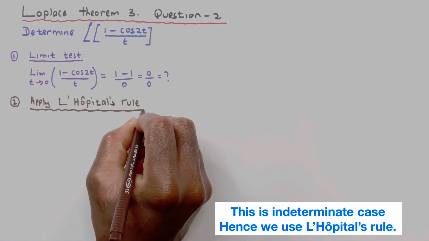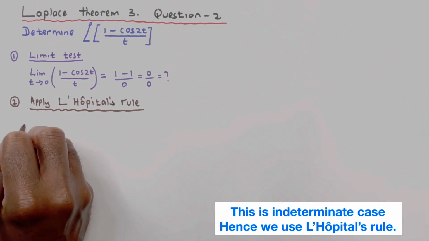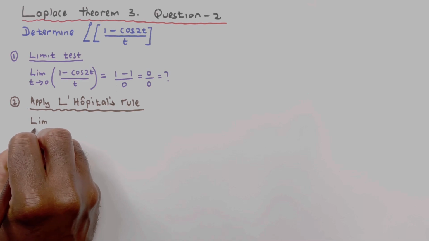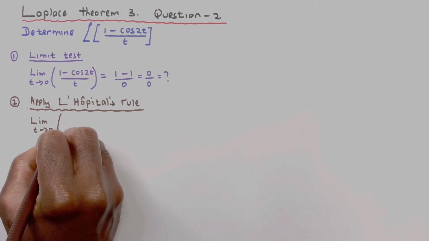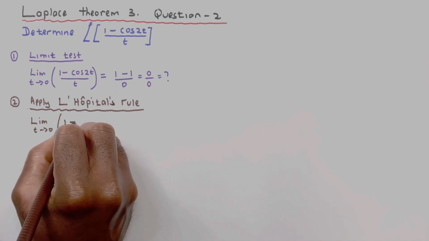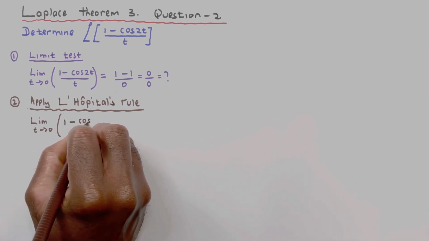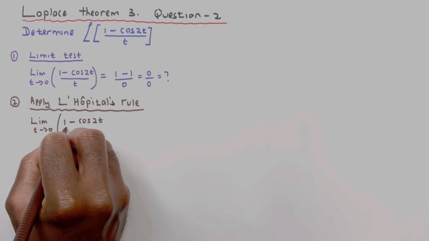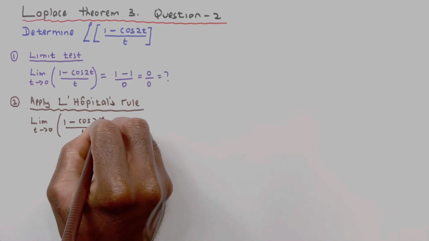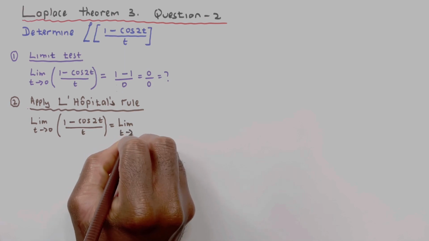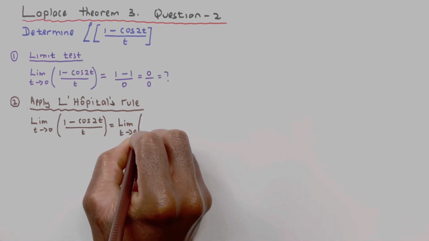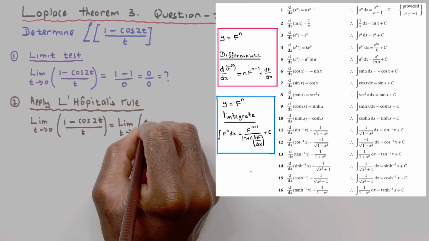And in this case, we apply limit when t tends to 0 for 1 minus cos 2t over t, and that equals limit t tends to 0. We need to differentiate now. We differentiate 1, you get 0.